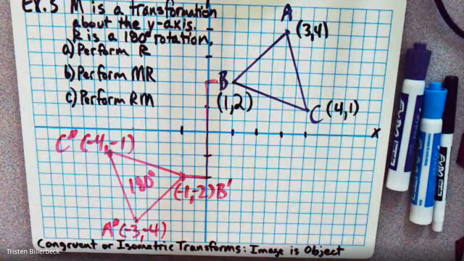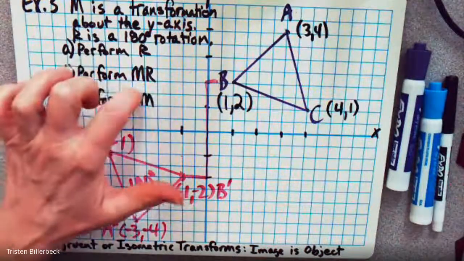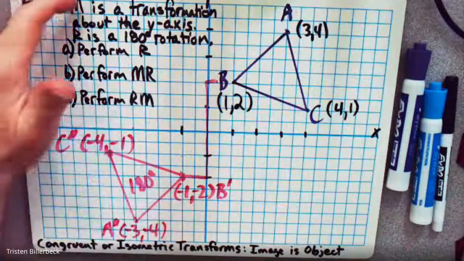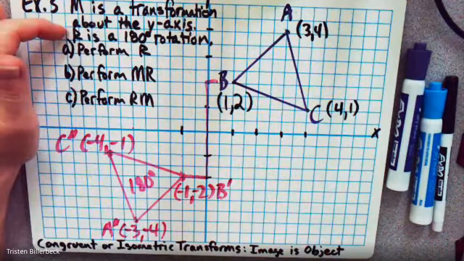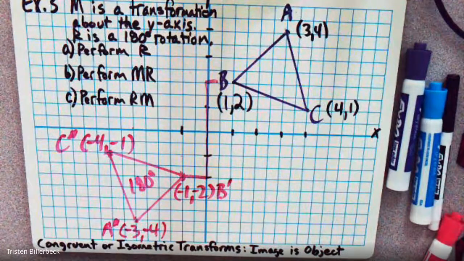Okay, so now let's look at, it says perform MR. So first we do the rotation, then we do M. M is a transformation about the y-axis. But it doesn't say what kind of transformation.